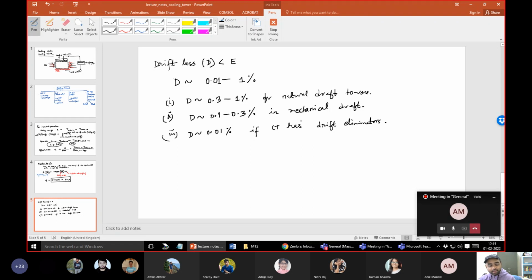A common example of a drift eliminator would be, what shall I call? Yeah, so if you recall, nowadays we don't see that much in the train, I mean the non-AC coaches, where you have the normal coaches, and there the window has two types of shutters.